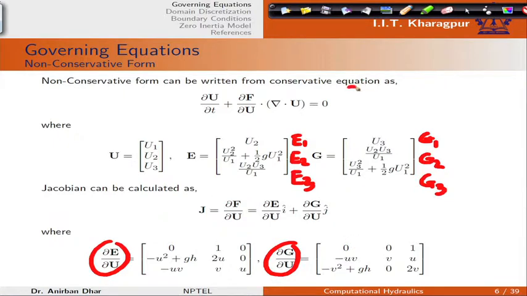Now, for del E by del U, E and U both are vectors.